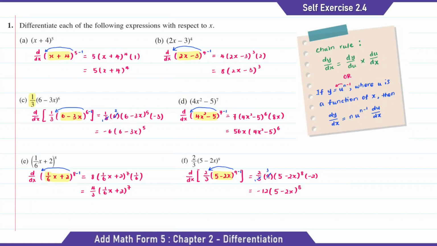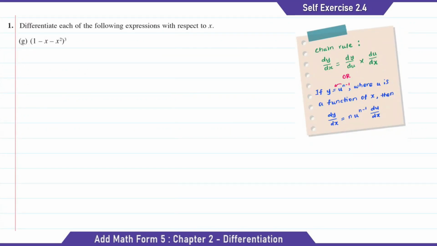Question G, (1 - x^2)^3. So here we're going to get 3(1 - x^2)^2. Then differentiate the terms in the bracket. Here we're going to get -1 - 2x. So for this bracket, we have a common factor of -1.